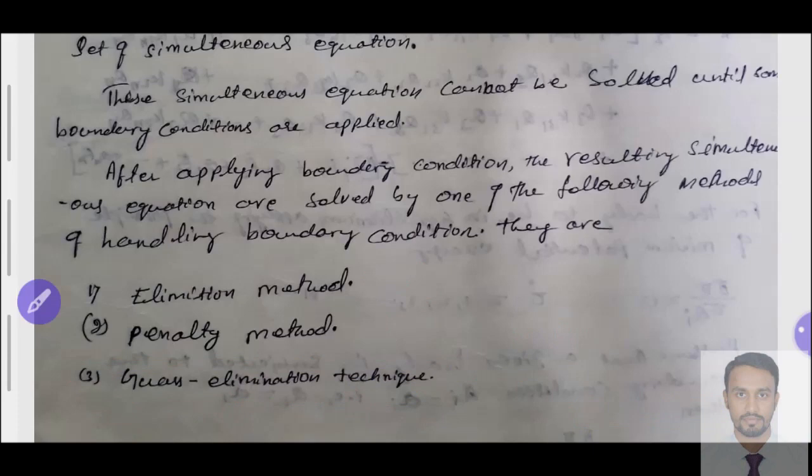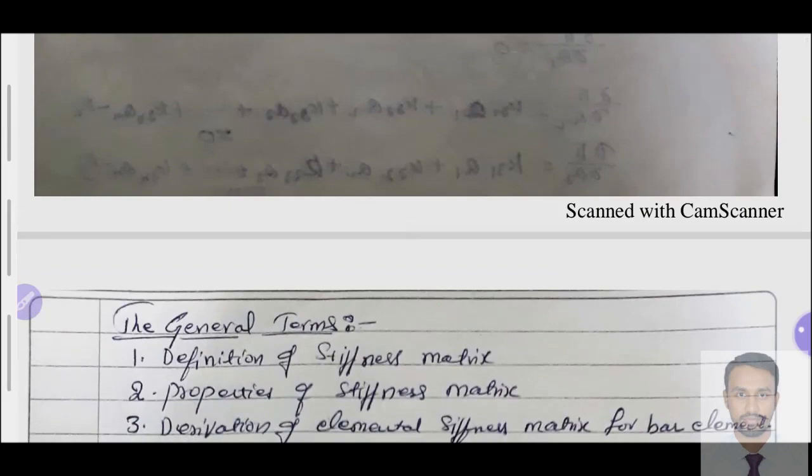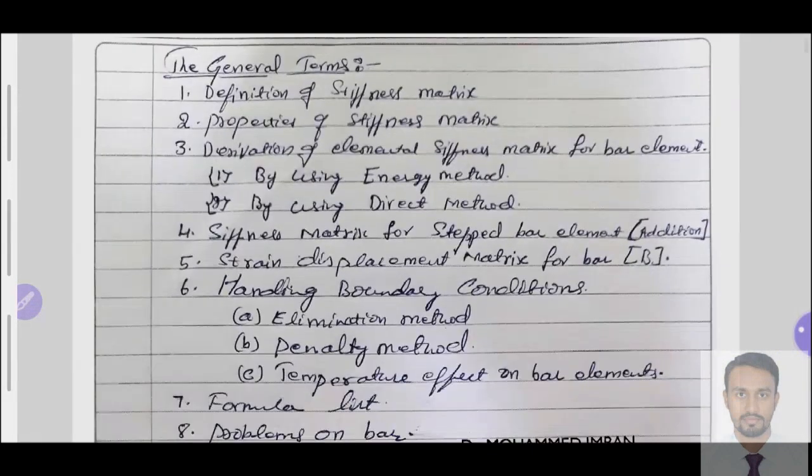Now I will make a brief splitting of the topics given as per the syllabus in module number 2 part B, analysis of bars. Before going to solve any kind of problems, we need to get the theory behind solving the problem.